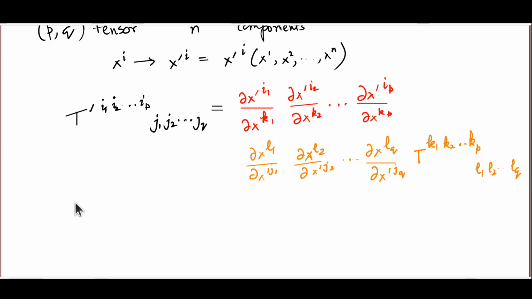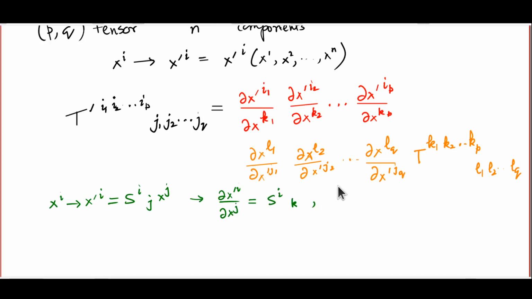Under a linear coordinate transformation, where x^i goes over to x'^i, given by S^i_j x^j, here the S^i_j are coefficients of a transformation which are fixed quantities. Here it is easy to see that del x'^i by del x^j, the transformation coefficients for vectors, are nothing but S^i_k themselves.